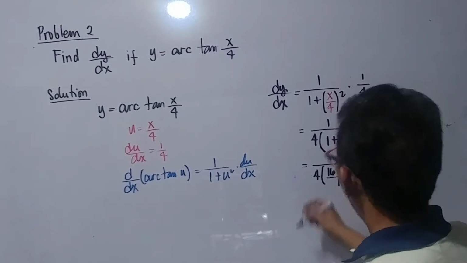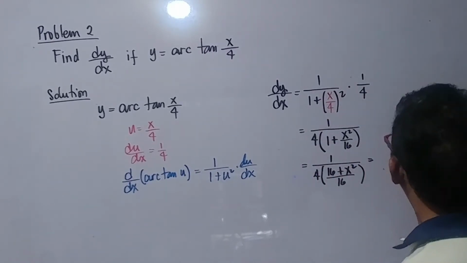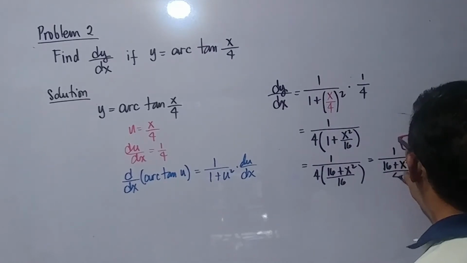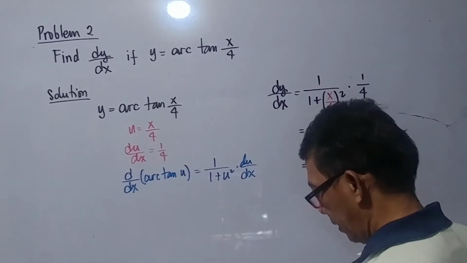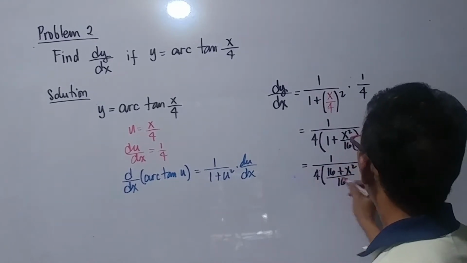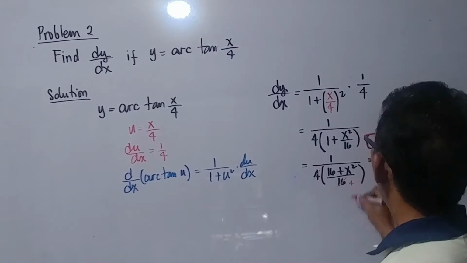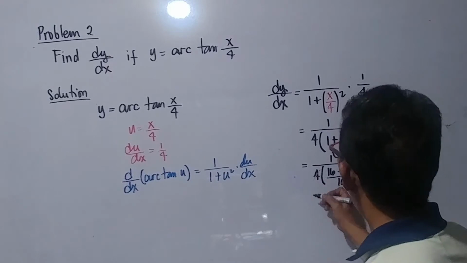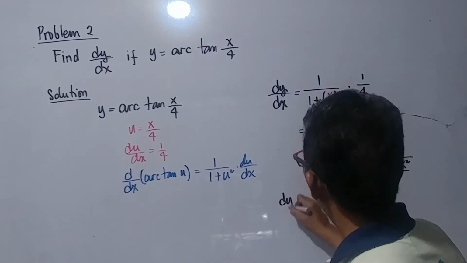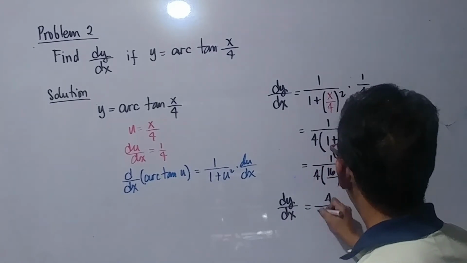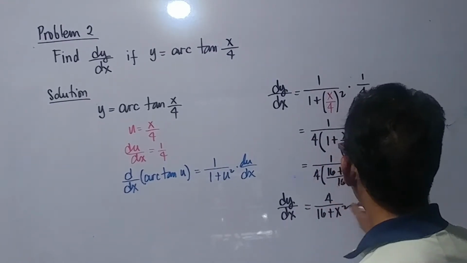We have now 1 over 16 plus x squared over 4, because you can cancel out 4 here. And this now becomes 4. And with that, we have now finally our dy dx is equal to 4 over 16 plus x squared.